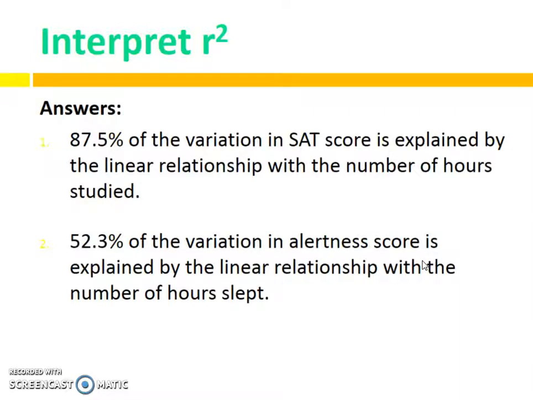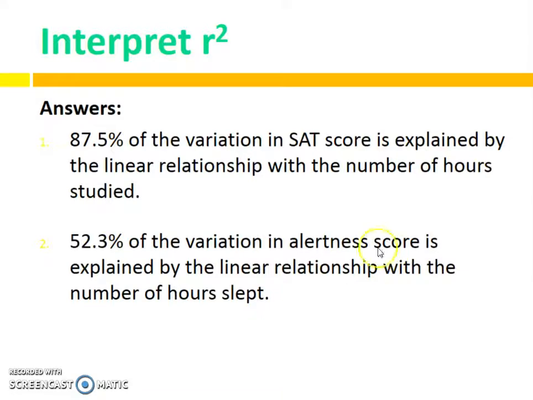Whatever percent, so 87.5% of the variation in your SAT score can be explained by the linear relationship with the number of hours studied. Or 52.3% of the variation in your alertness score, which was your y, is explained by the linear relationship with the number of hours slept. Okay? So, that's how we interpret r squared.